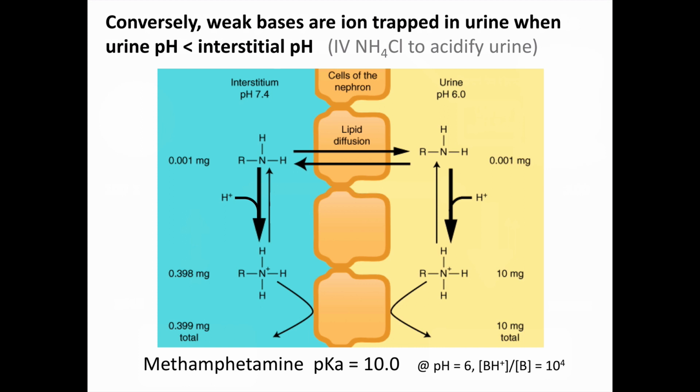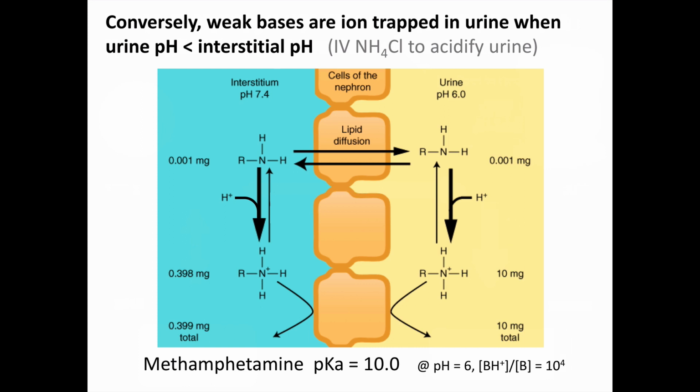On the right side of the figure, we see that the difference between the pH and pKa is 4, meaning that the ratio of BH plus to B will be 10,000 to 1, since 10,000 is 10 to the 4th power. Because the urinary pH is further from the pKa and in the same direction as the pH of the interstitium, the methamphetamine will become ion trapped in the urine.